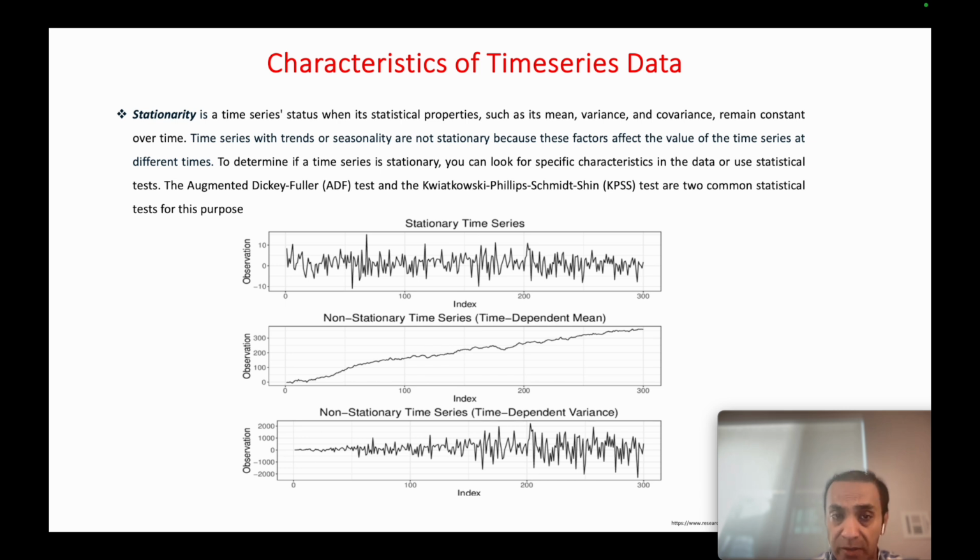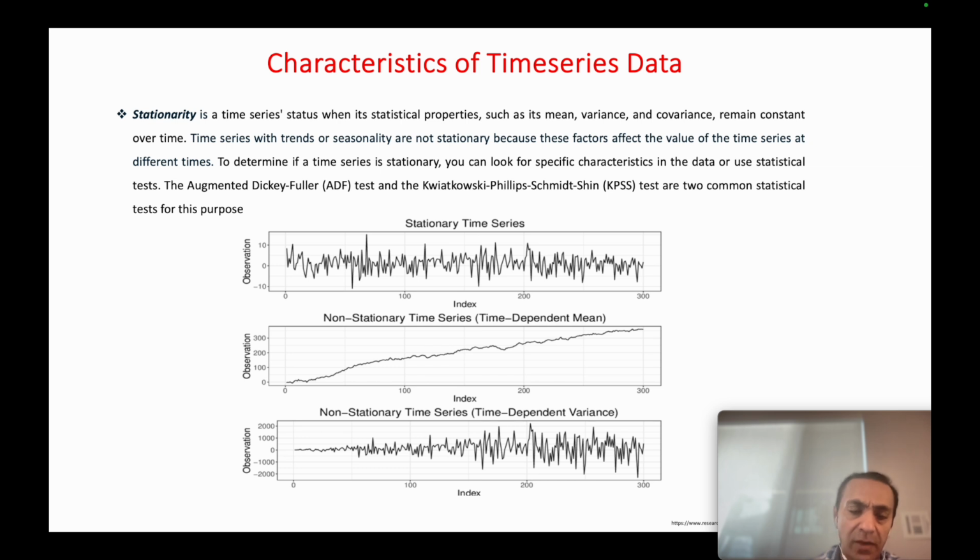To determine if a time series is stationary or not, we can use several tests that look for specific characteristics in the data, and two of those tests are the augmented Dickey-Fuller test (ADF) or the Kwiatkowski-Phillips-Schmidt-Shin test, that we can use to identify those statistical properties in time series data.